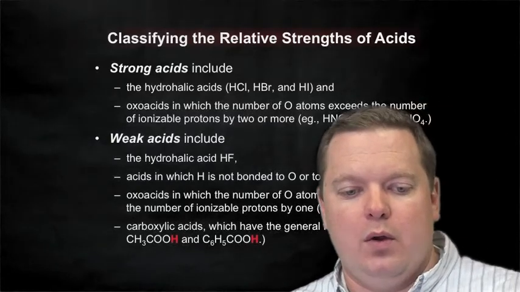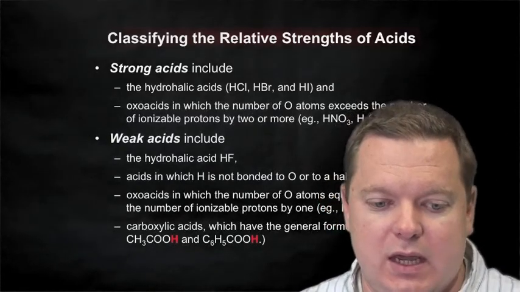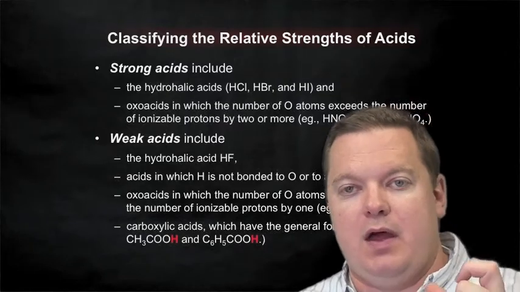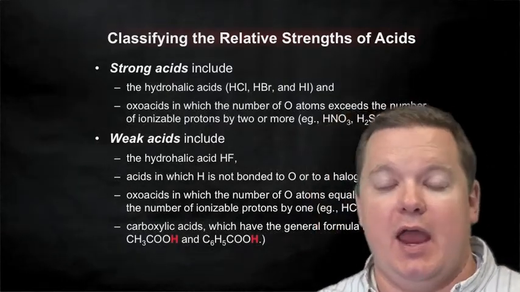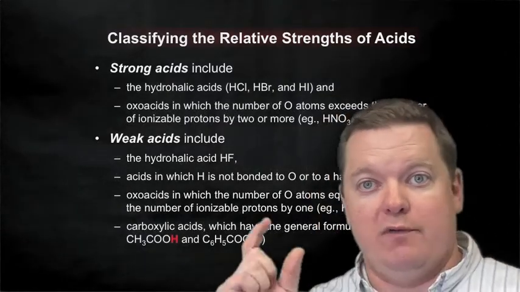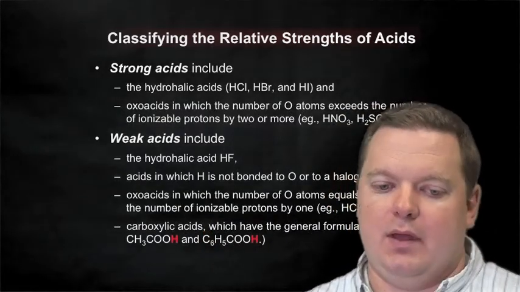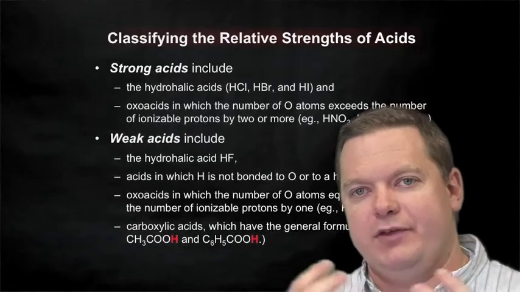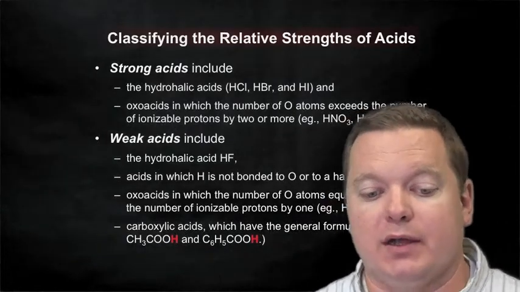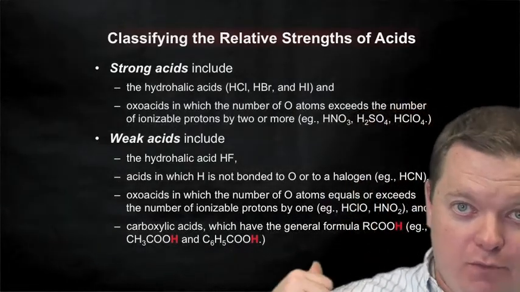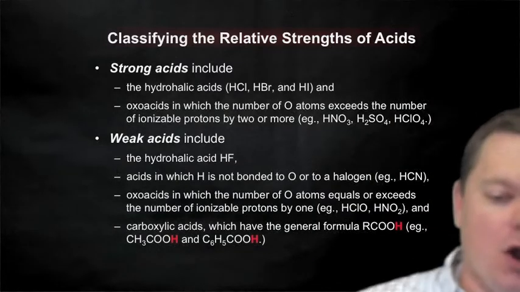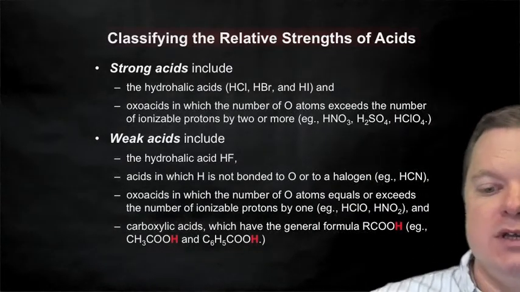So if the number of oxygens is equal to, or exceeds by 1, the number of hydrogens, like HClO, where we have 1 oxygen and 1 hydrogen, that is going to be a weak acid. And then there's this group of organic compounds which we call carboxylic acids, which have the general formula, as you can see here, R, some group of atoms, COOH.